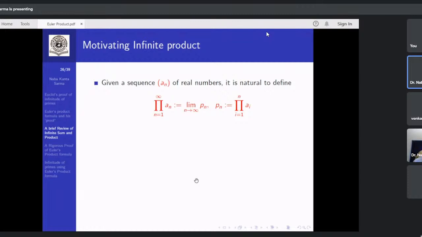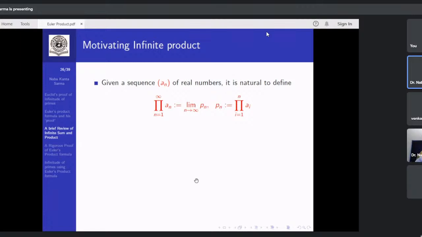Logarithm is a way to convert product to sum. Once you have a product AB and take the logarithm of both sides, it becomes the sum log of A plus log of B. So a product can always be converted to a sum. Since we already know about infinite sums, we expect to relate infinite product with sum also.